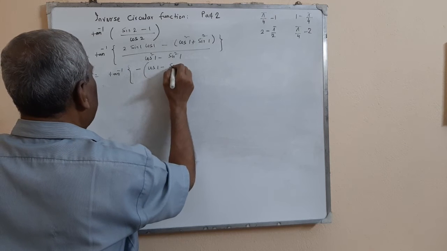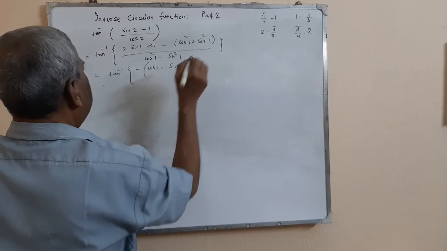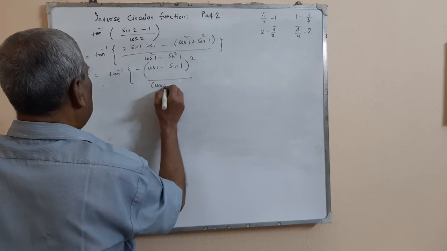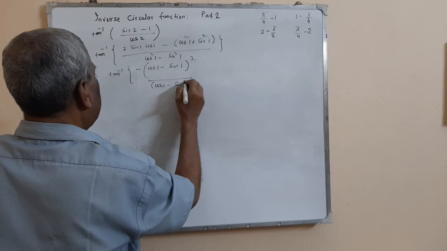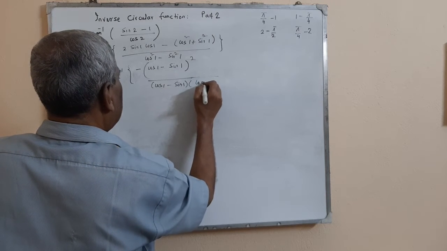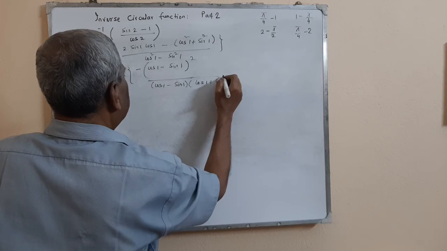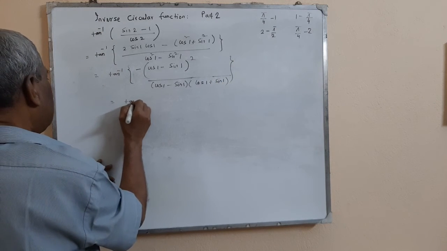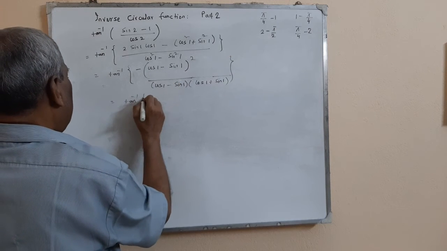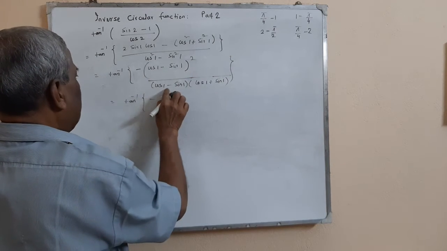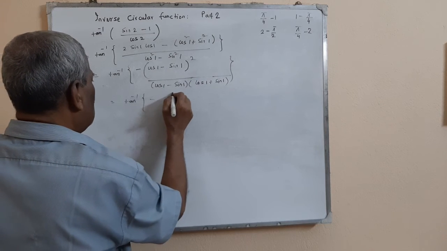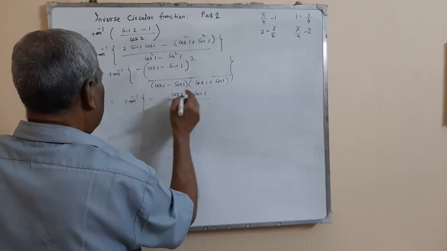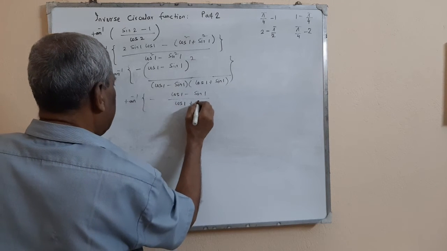So cos 1 minus sine 1 whole square, by cos 1 minus sine 1 into cos 1 plus sine 1. It is tan inverse of minus cos 1 minus sine 1, and cos 1 minus sine 1 cancels. So minus cos 1 minus sine 1 divided by cos 1 plus sine 1.